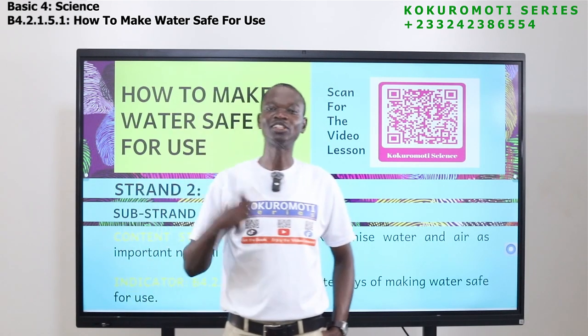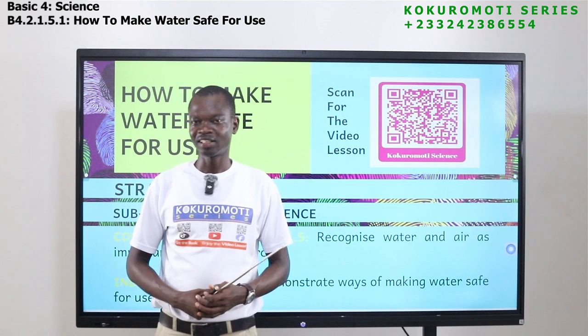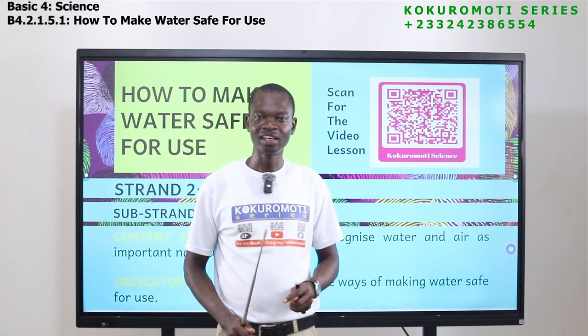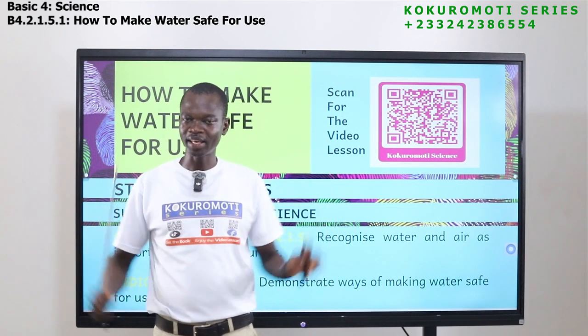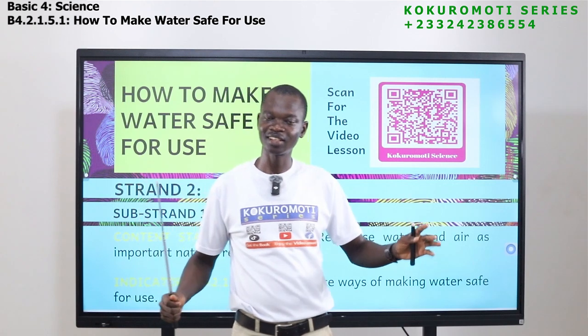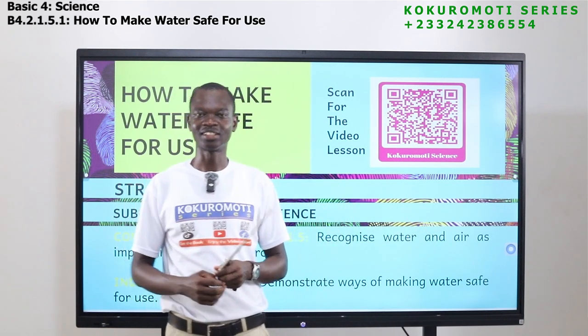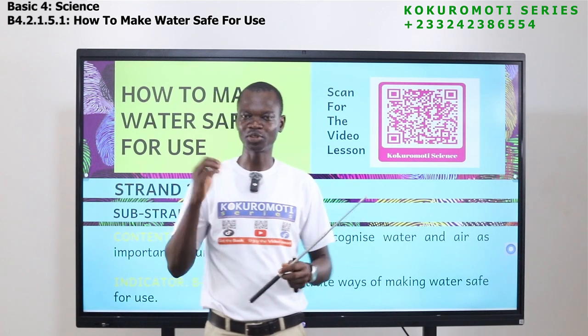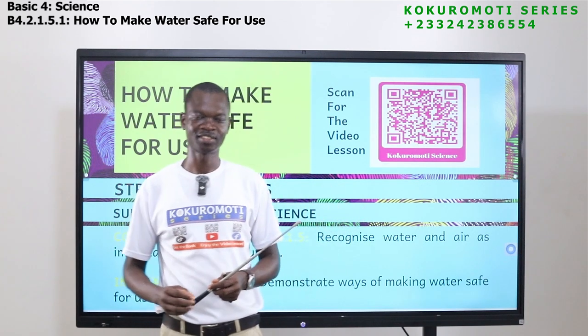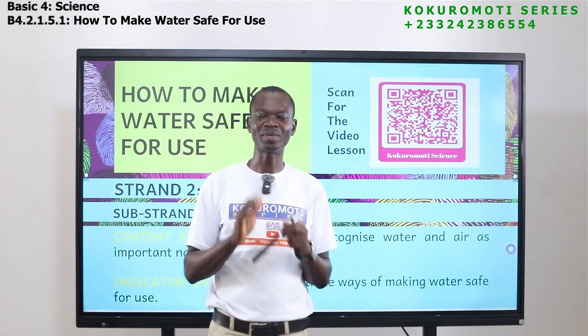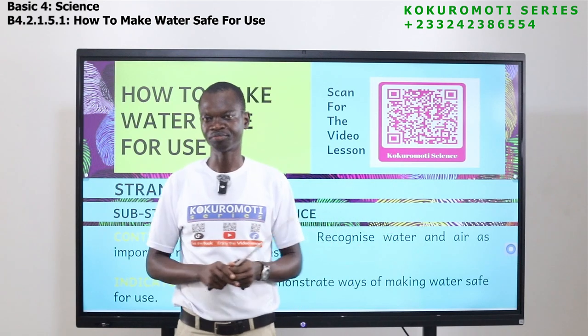Who doesn't use water? Can you stay without drinking water for a whole day, 2 days, 3 days, and you think you'll still survive? Water is so important that we can't live without it. We use water every day. But today we are going to look at how to make it safe for us to use.